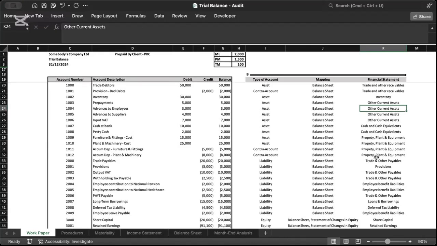And you understand the procedures, you start to learn to document what you're doing, because I'm going to show you at the end how all of these procedures are going to be documented. So, yeah, now that we've identified where each line item is going to go in terms of the financial statement and the description of that item, we are going to talk about materiality.